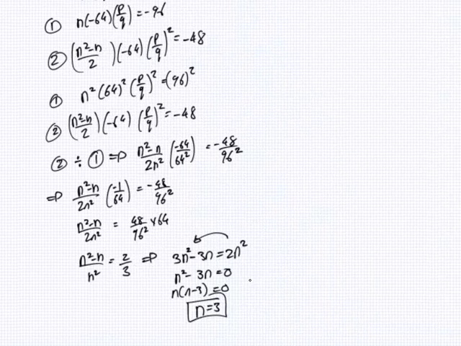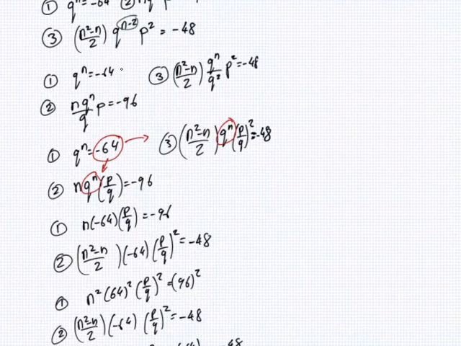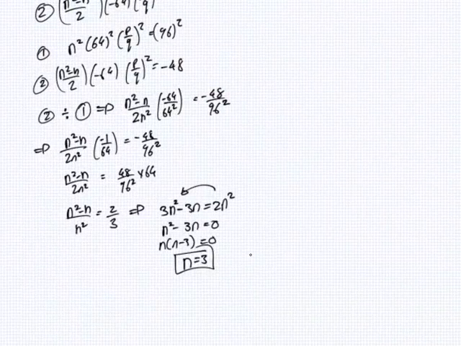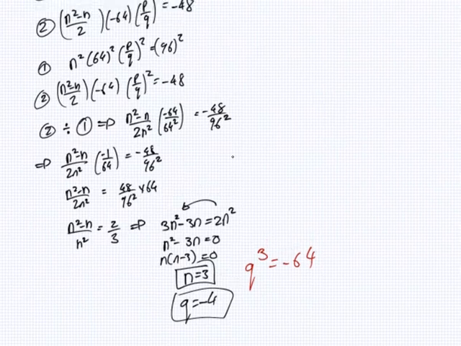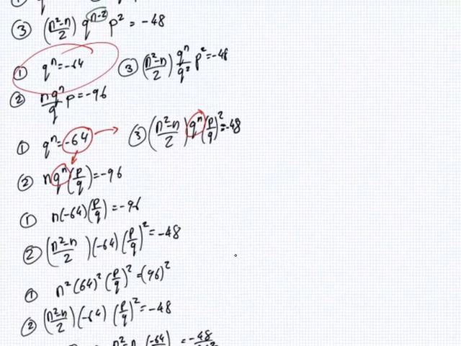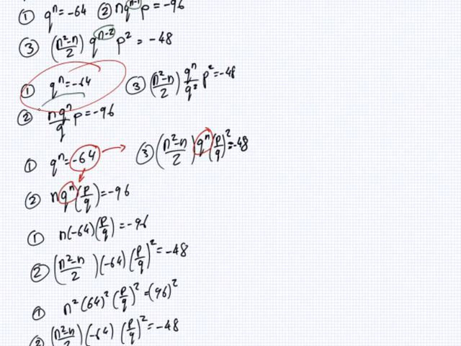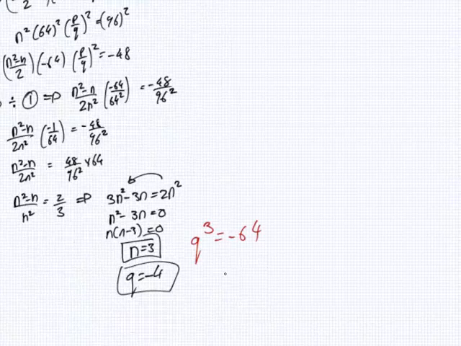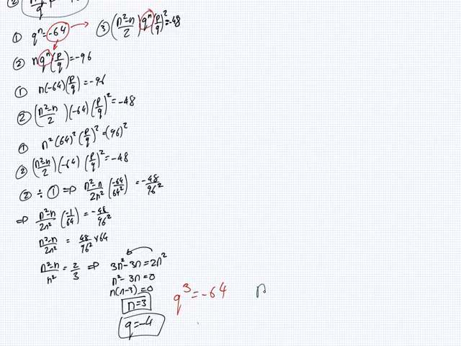And then, once I have this answer, I take it back to the very first one here. So you're looking for q cubed equals minus 64. What's that? Minus 4. And then what can give me the p? Is there anything nice to give me the p? Something like this one here. Let me just write it down. N qn p over q equals minus 96.